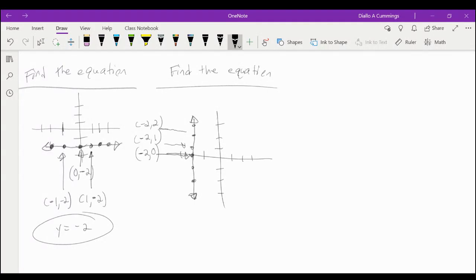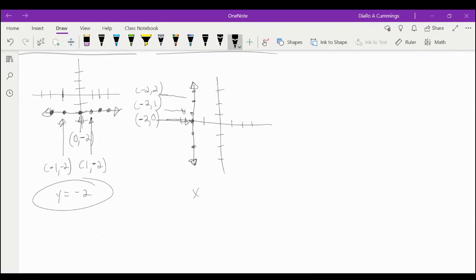If you take a look at these ordered pairs, it doesn't matter what y is equal to, but x is always going to equal what? -2. So my equation is x equal to -2.